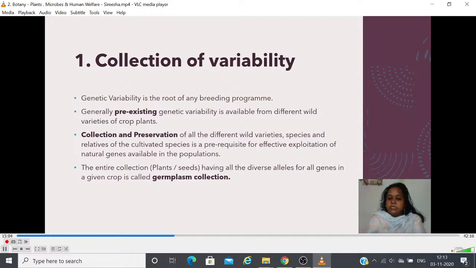These changes in the genes, or the diverse alleles of all genes in a given crop, is called the germplasm collection. So in the first step, we are collecting the different types of genes present in the seeds or plants.